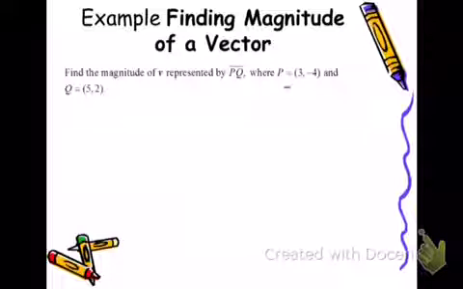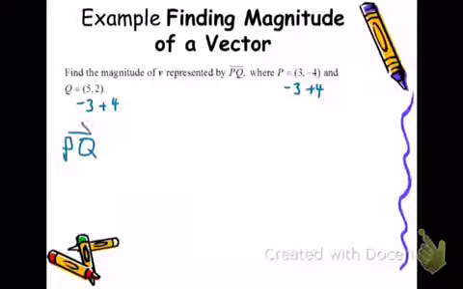Subtract 3 from the x-coordinate and add 4 to the y-coordinate. What's 5 minus 3? 2. So PQ is equal to 2, 6 in component form.